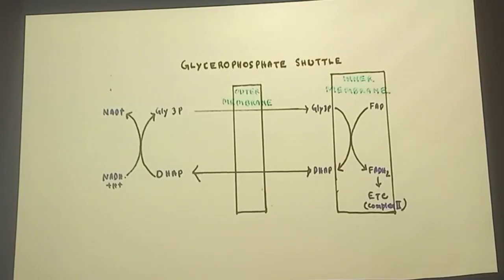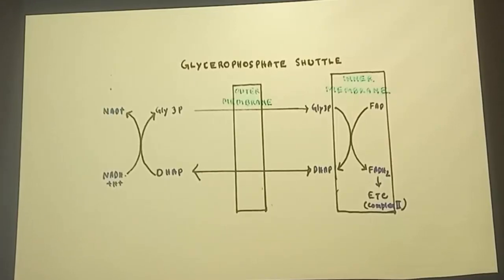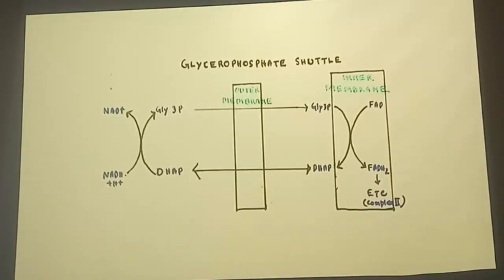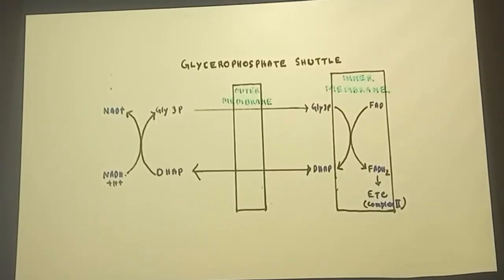They allow the oxidation, but uncouple means they inhibit the phosphorylation.